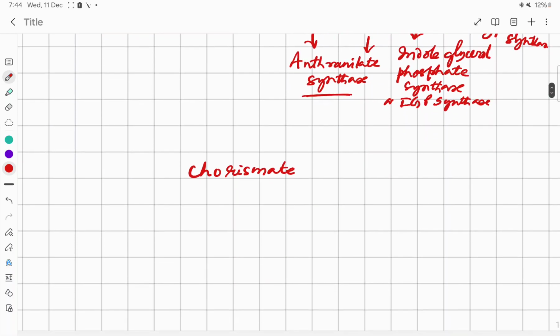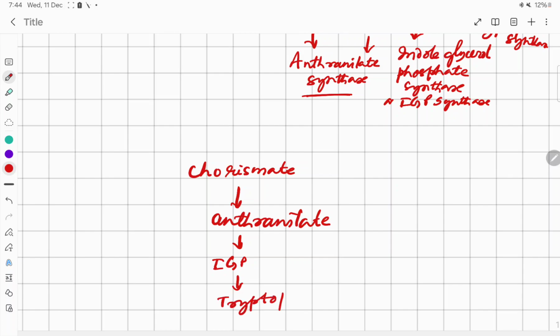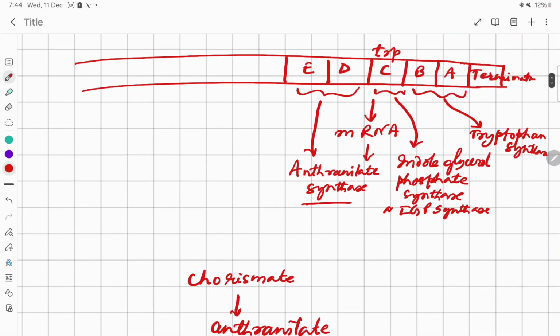So we can say that from chorismate to anthranilate, then from anthranilate to IGP, indole glycerol phosphate, to tryptophan. So for the synthesis of tryptophan, we need these enzymes, and these enzymes are produced by transcription of the 5 genes TRPE, D, C, B, A, followed by their translation.